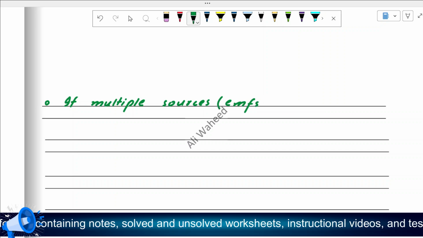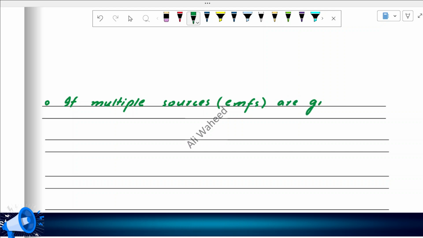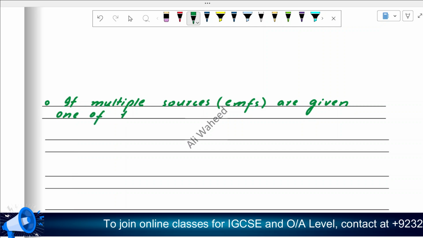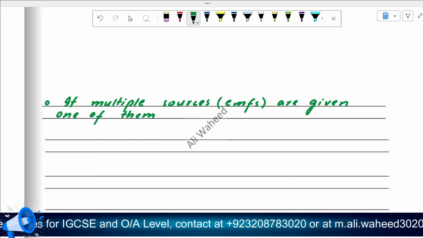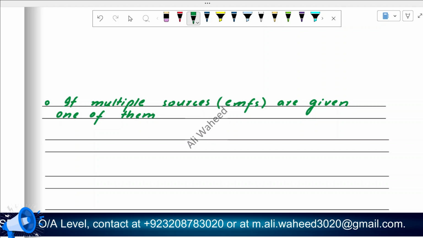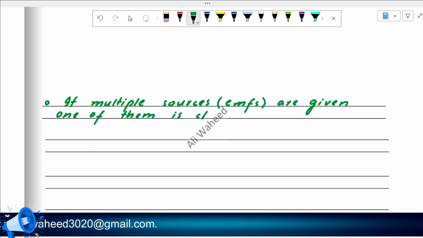So if multiple sources or multiple EMFs, multiple batteries, multiple power supplies, multiple cells are given, one of them is set as a standard one or is chosen as a reference one.